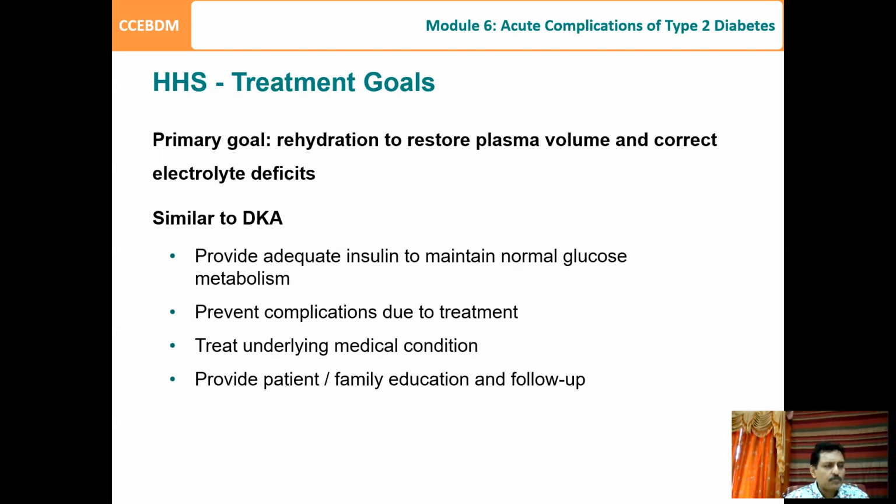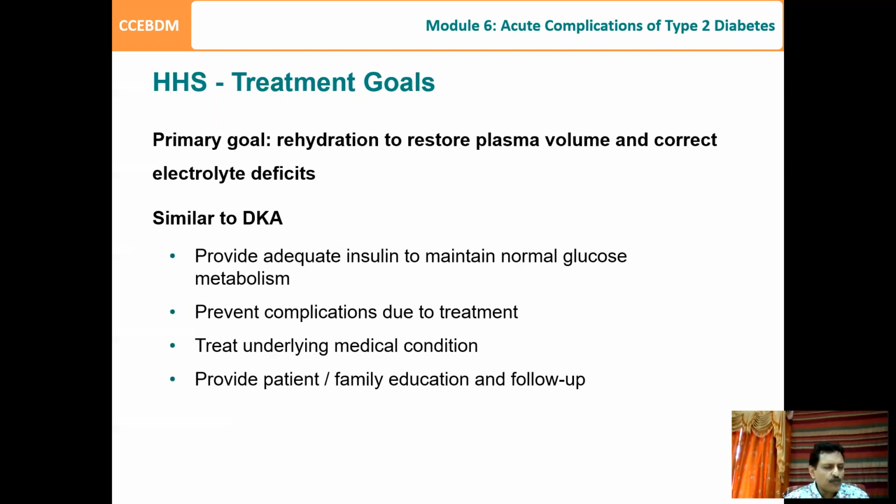Many patients of type 2 diabetes mellitus who develop hyperosmolar coma have multiple other complications as well, because this is a disease of the elderly, and elderly people most often have comorbidities, and those should be addressed when we are treating a patient with hyperosmolar coma.